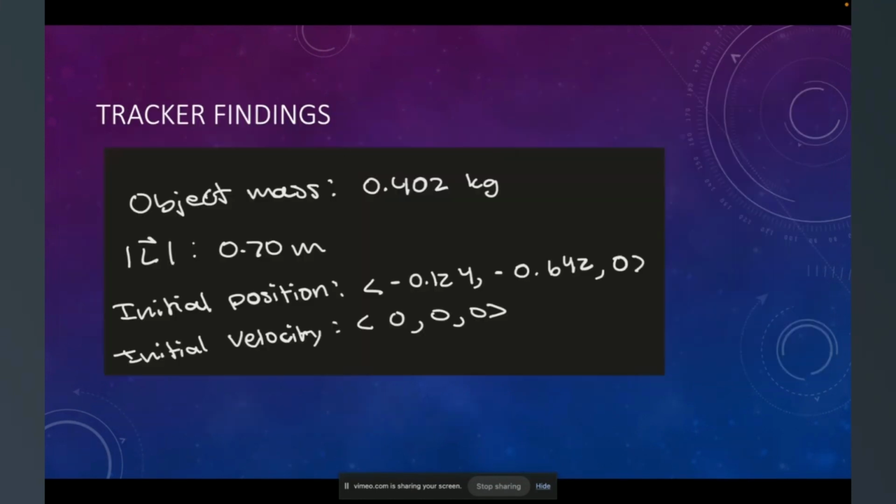So some Tracker findings. This is given to us: the object mass and the stretch length, which are 0.402 and 0.70. Initial position was the first point that we plotted up here, which is negative 0.124, negative 0.642, and 0. And initial velocity is, of course, 0 as we're starting from rest.